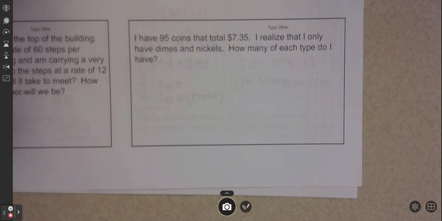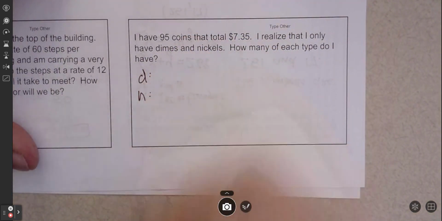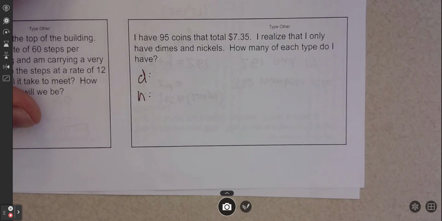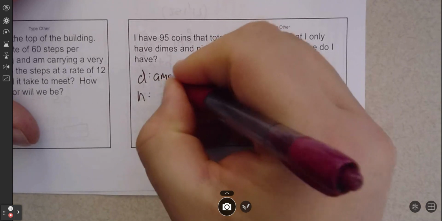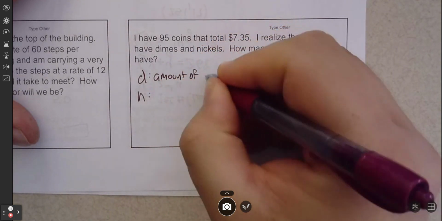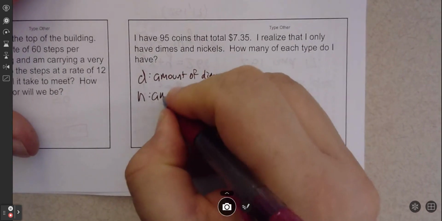D and N. What does D represent? Dimes. Amount of dimes. What does N represent? Amount of nickels.